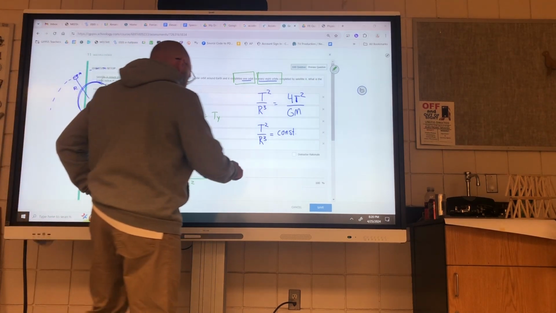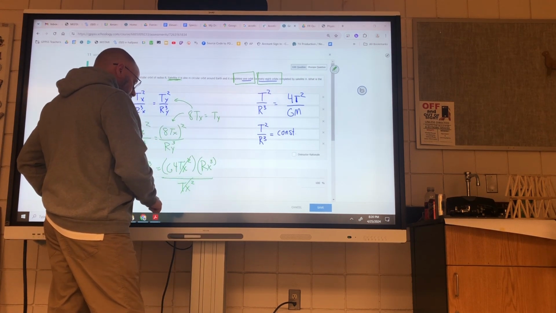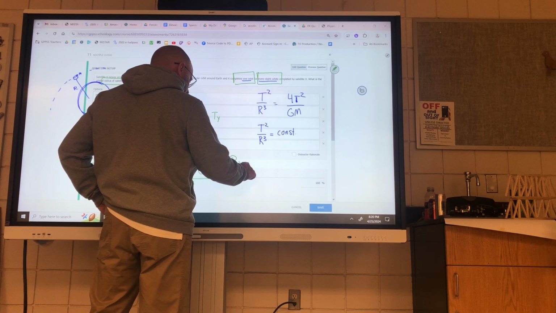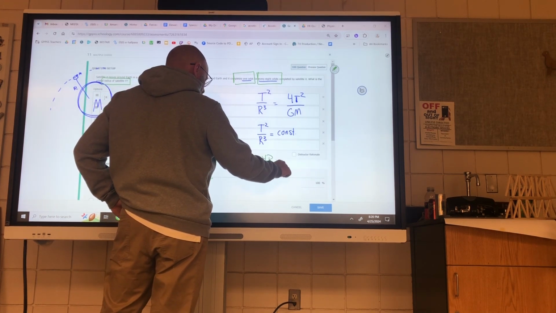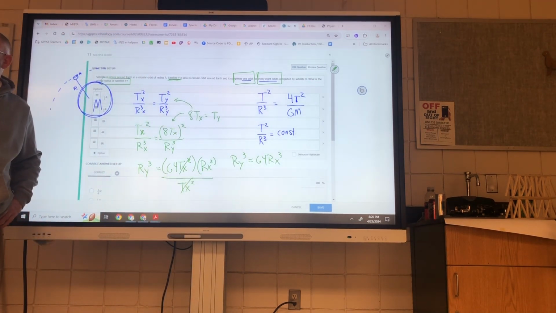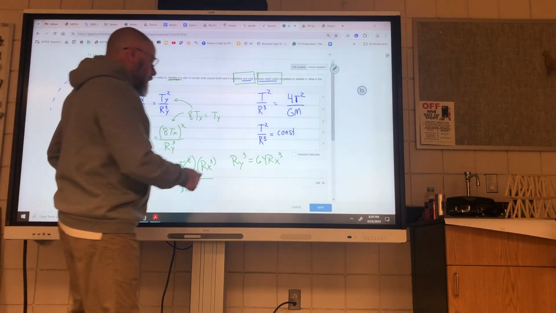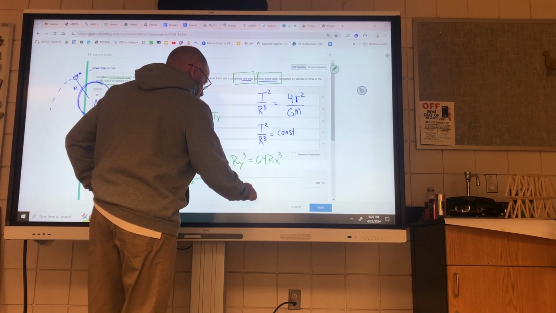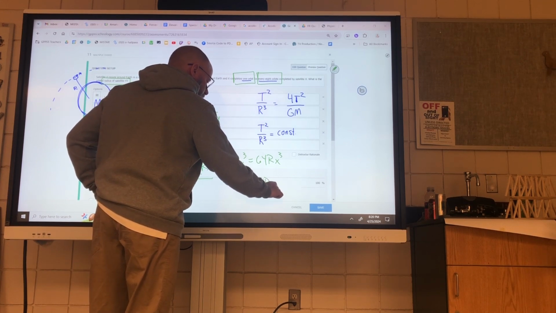What's interesting about this is on this side, my tx squareds cancel. So I'm left with ry cubed is equal to 64 rx cubed. And now what do I have to do with both sides? You've got to cube root them, right? So the cube root gets rid of these. What's the cube root of 64? 4. Ding, ding, ding.